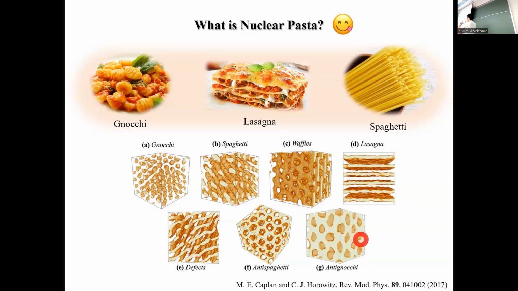It is like a hole inside the uniform matter. And those holes form a Coulomb lattice. While in this anti-spaghetti region, some tubes are created inside the uniform matter. So densities are flipped between gnocchi and anti-gnocchi and spaghetti and anti-spaghetti.